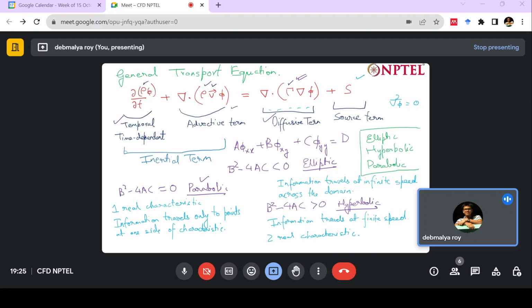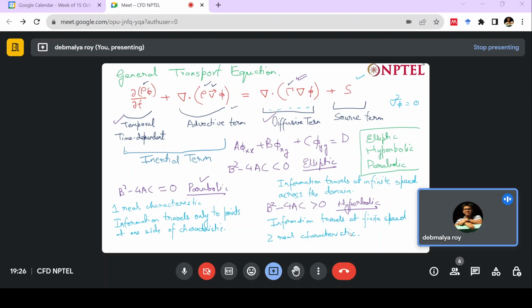Similar to the parabolic case, whatever information you have is confined to one of these parts. This creates an effect that the information is traveling only at a finite speed. That's why we say information travels at a finite speed. This comes from the fact that it has two characteristics.